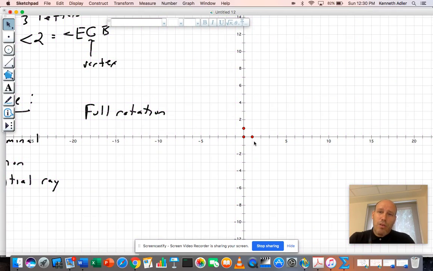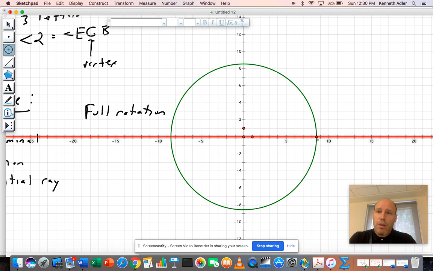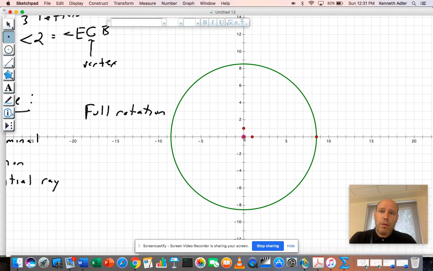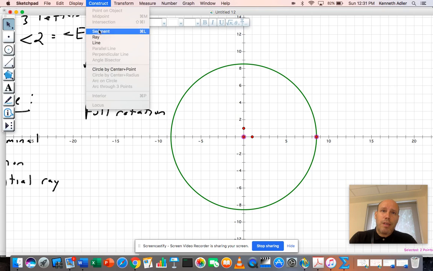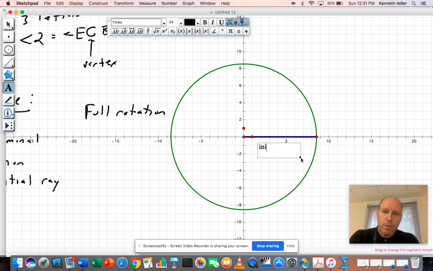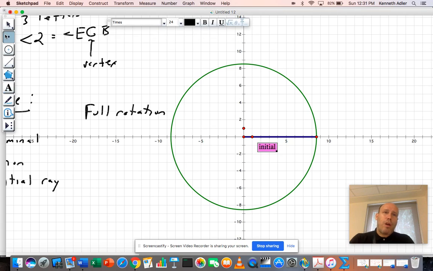I'm going to put a circle in there, and then some rays. I'm going to construct a segment. This is going to be my initial ray. And then I'm going to construct a terminal ray.